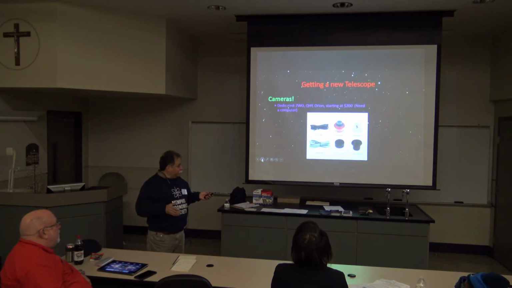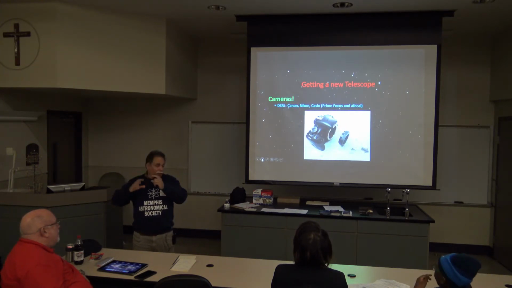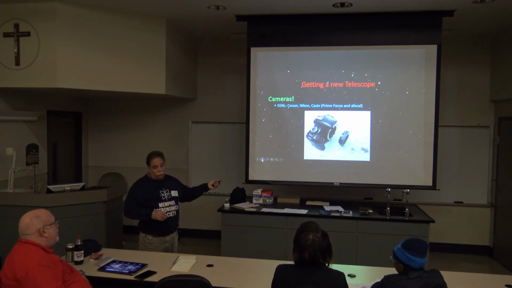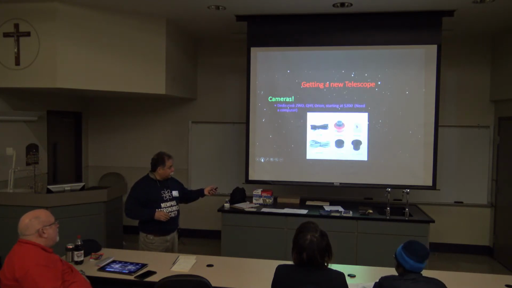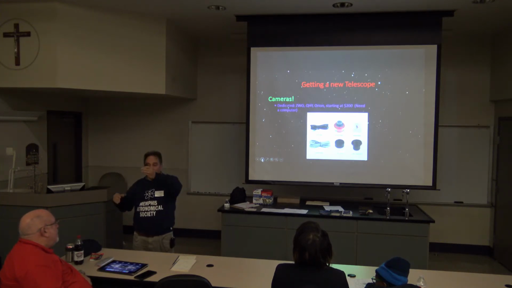The difference between this and this is the size of the CCD. On this one, the CCD is much bigger than the one here. So you need a tracking mount for this. Okay, this camera is nice because when you are not doing astrophotography, you can put this lens on, and it's a wide angle lens. You can leave the camera on and you can see meteors and that kind of stuff on your computer. Okay.